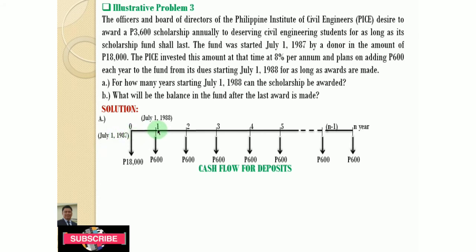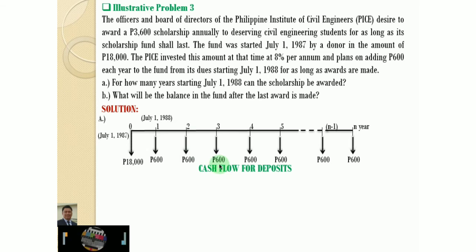And on the first year, based on the problem, the PICE invested this 18,000 pesos at 8% per annum, and plans on adding 600 each year to the fund from its dues starting July 1, 1998. So this is July 1, 1998, which is our first year. So this is the start of this 600 pesos actually. Okay, so until such a year, until the nth year. So we do not know when the scholarship fund shall last.